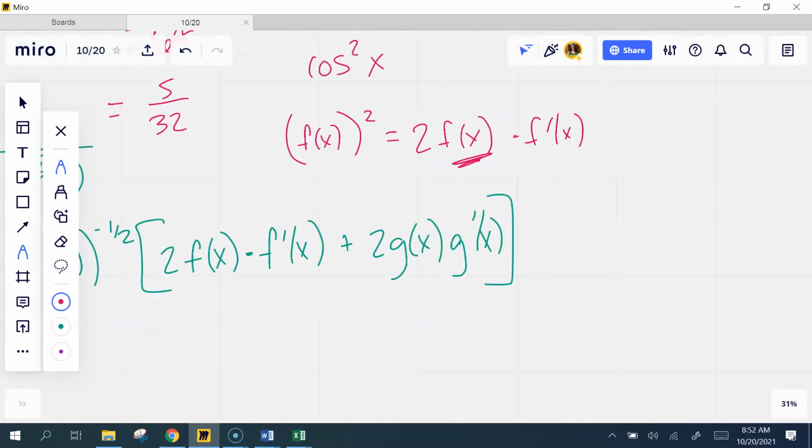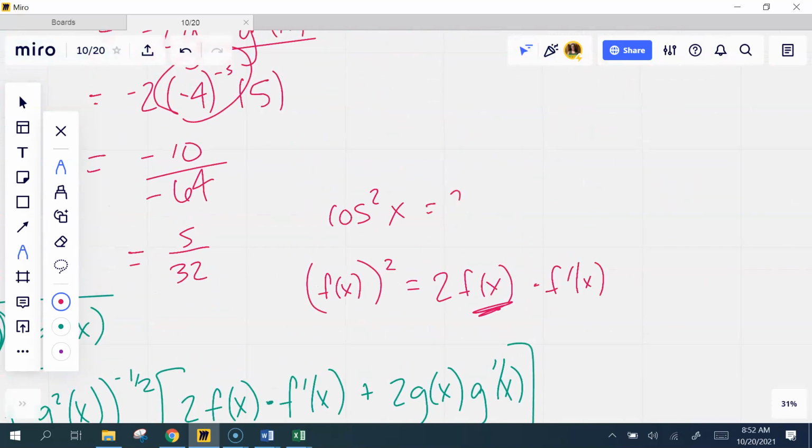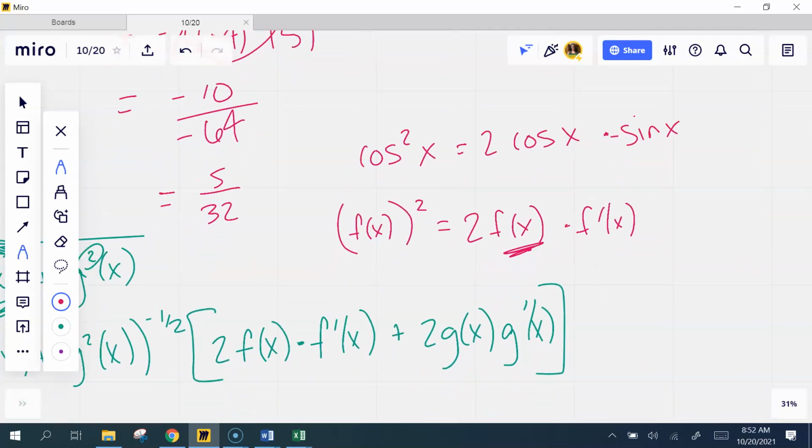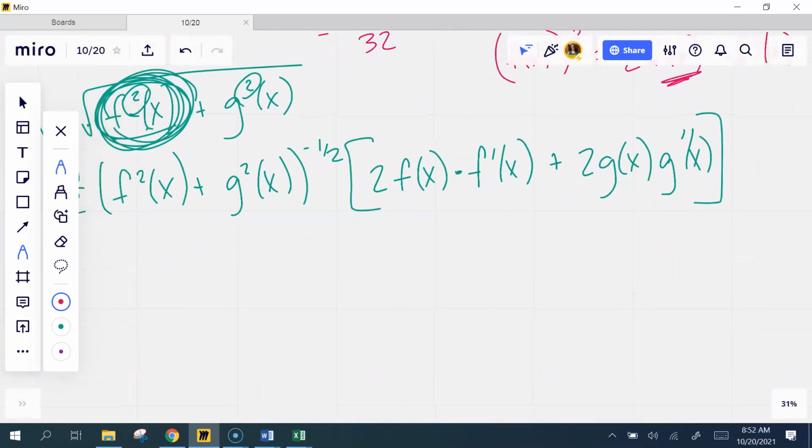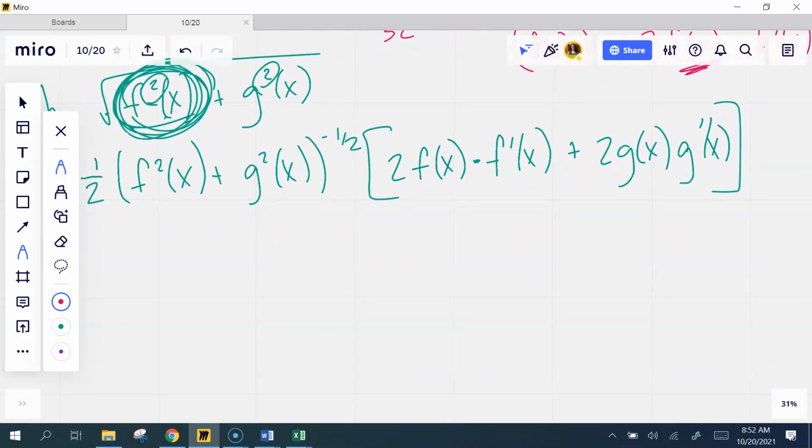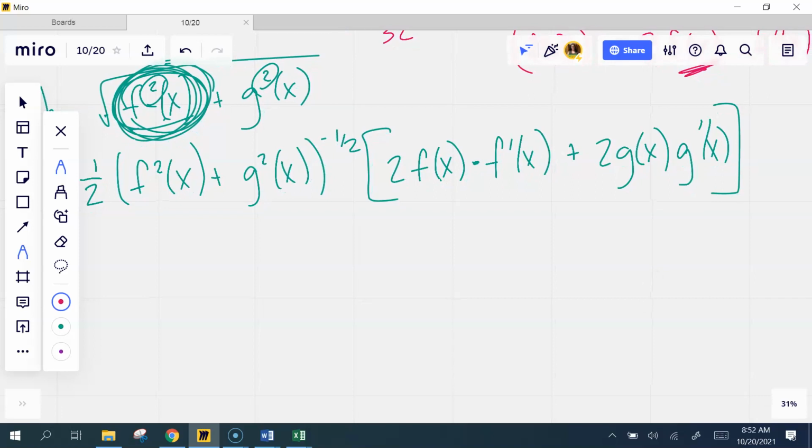Just like here, I would do 2 cosine x. I haven't done the derivative of cosine yet, and then I would come and do negative sine. So it's the same concept. And then on that one, you would also do the derivative of x. Right, which in this case, x is a specific value, but if it's like x plus 1. Right, correct.